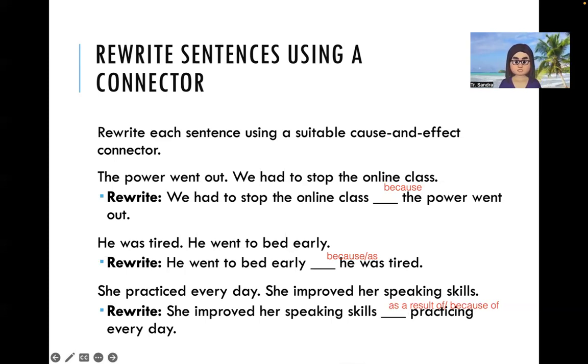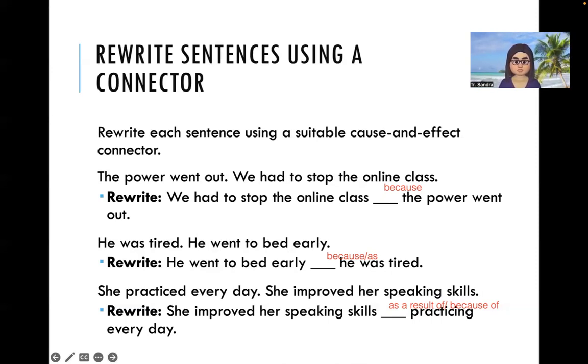We use as to explain the reason for something, and it is often more formal or neutral. We can use it at the beginning of the sentence or in the middle of a sentence, okay?